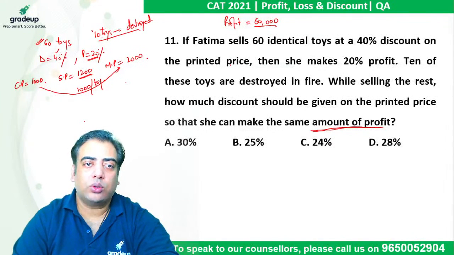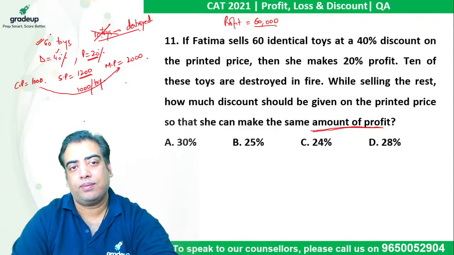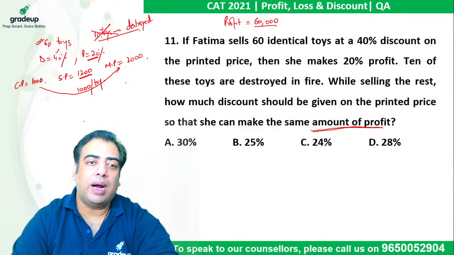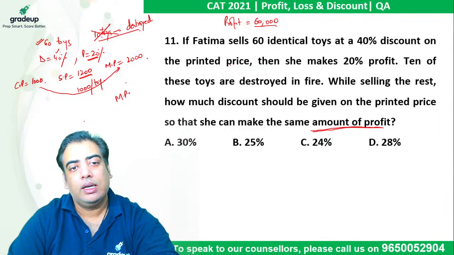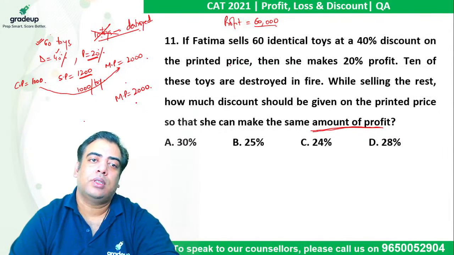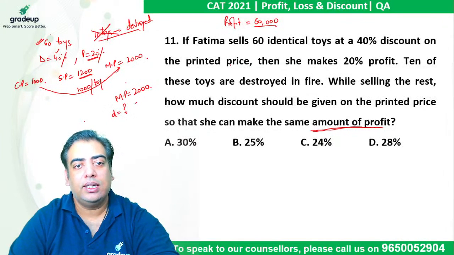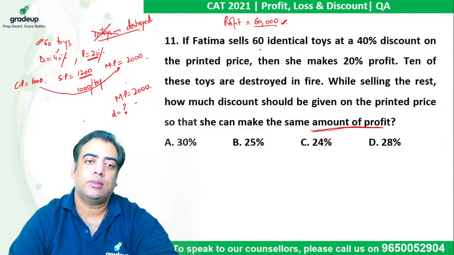But 10 toys got destroyed. Now I am having only 50 toys with me, right? So the mark price of 50 toys is still rupees 2000 each. The question says, what percentage discount should be offered such that we still make an overall profit of 60,000?